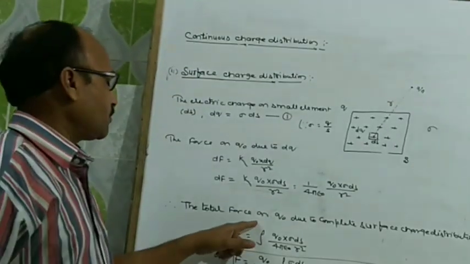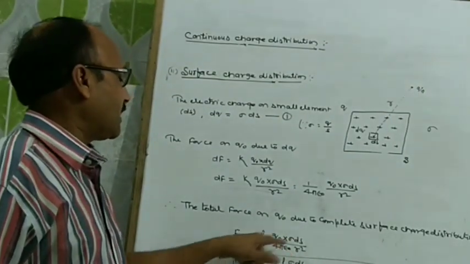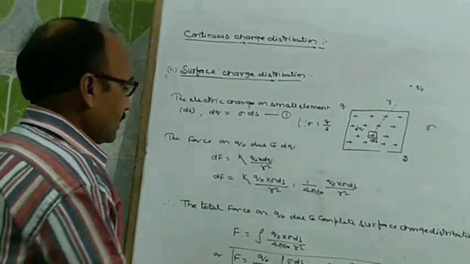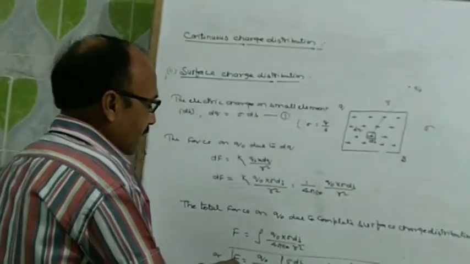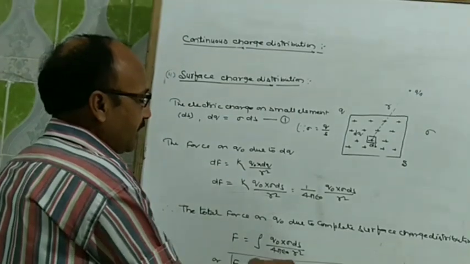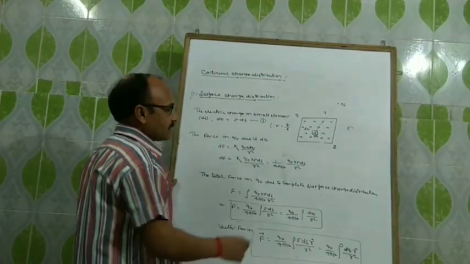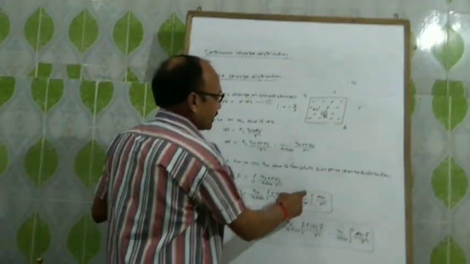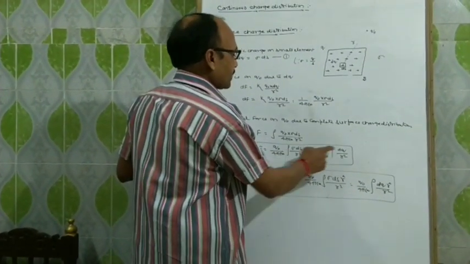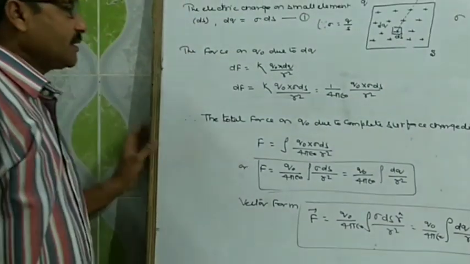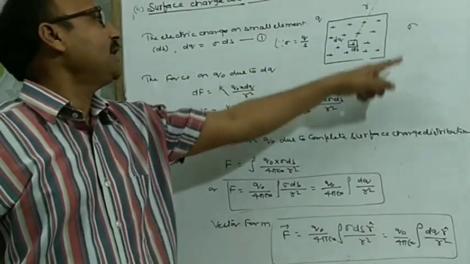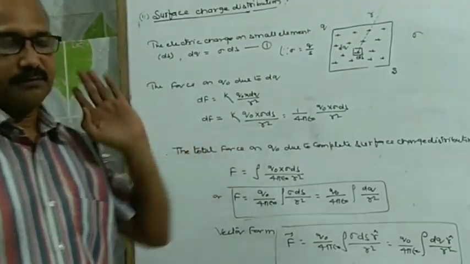F equals q naught upon 4 pi epsilon naught integration sigma ds upon r square. And this can also be written as q naught upon 4 pi epsilon naught integration dq upon r square. This is the total force on q naught due to the complete surface charge distribution.